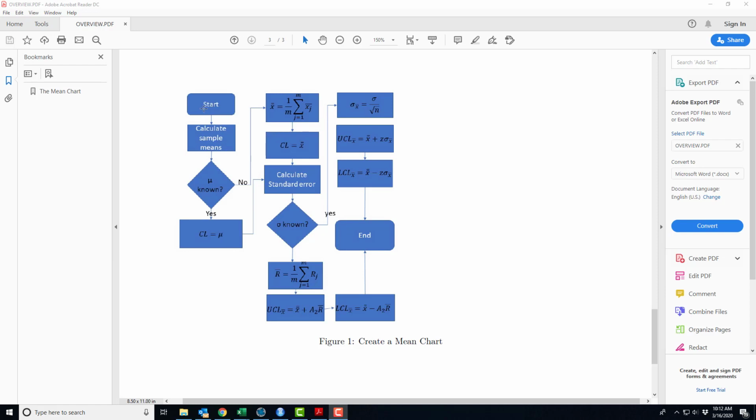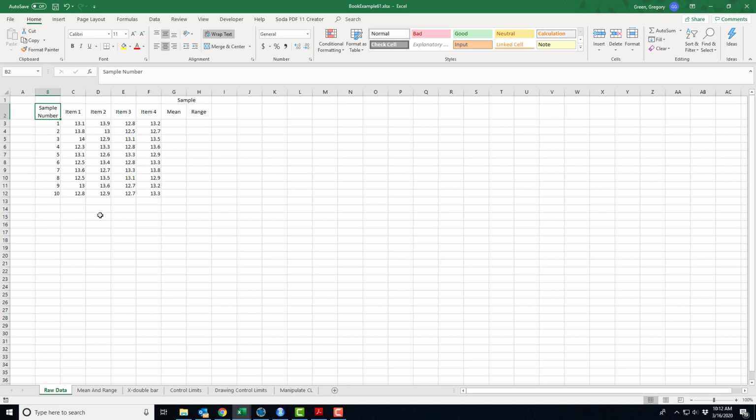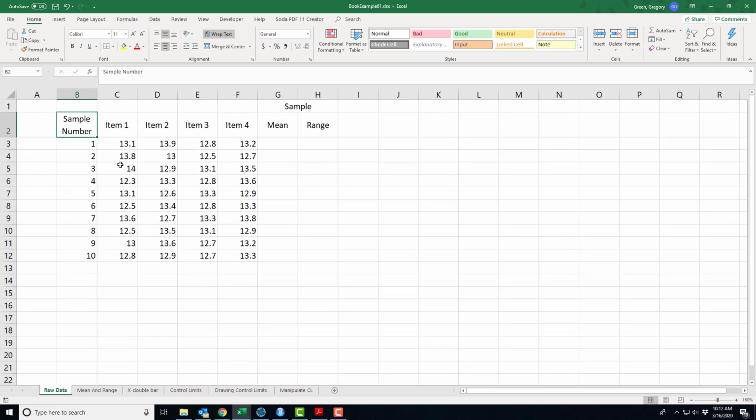Okay. So the first thing is that I need to calculate sample means. Now I probably should look a little bit deeper at what that even means, right? We're in charge of a production process, and at some point in time we will draw a sample.